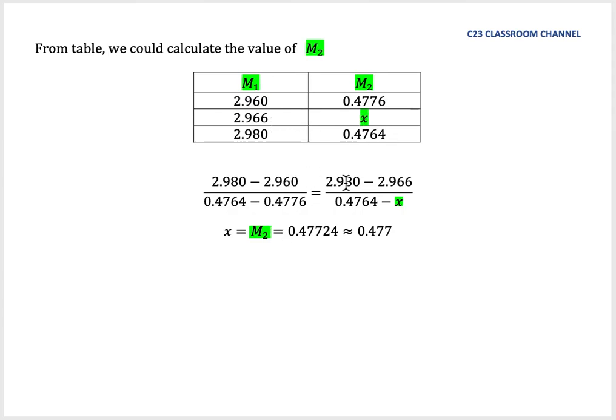So we could calculate the interpolation like this, and we get the Mach number after the shock wave is 0.47724, and we could simplify it as 0.477. It is better for you to simplify this value into 4 digits, because the table here has 4 digits, so it might be best for you to write it as 0.4772.